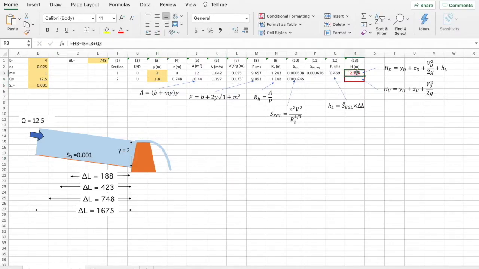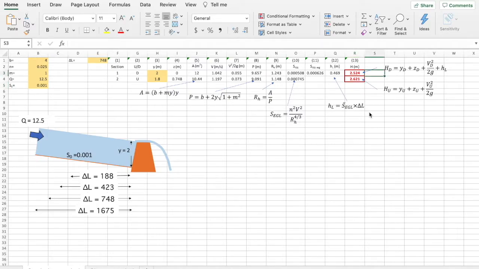We can see now the total energy head at the downstream is 2.524 meters, and the total energy head at the upstream should equal the pressure head plus the elevation head plus the velocity head.